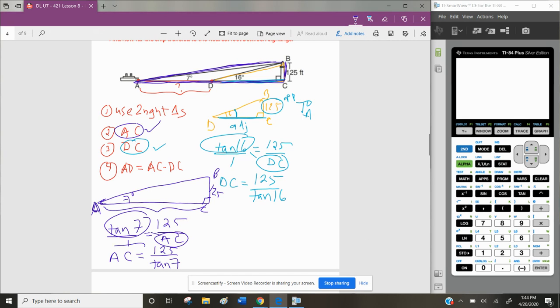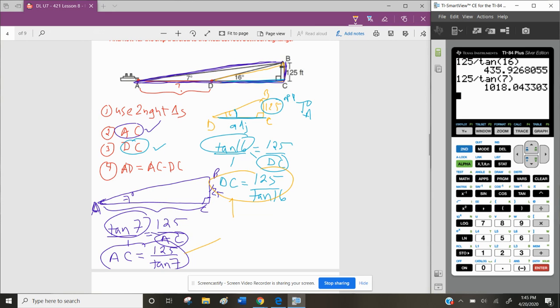And so I said that I want to subtract this answer and DC, and if I do that, subtract the smaller one from the bigger one, or the shorter one from the longer one, then I should get my answer for AD. So let's do that in our calculator. So 125 divided by the tangent of 16, and I want to do 125 divided by the tan of 7.